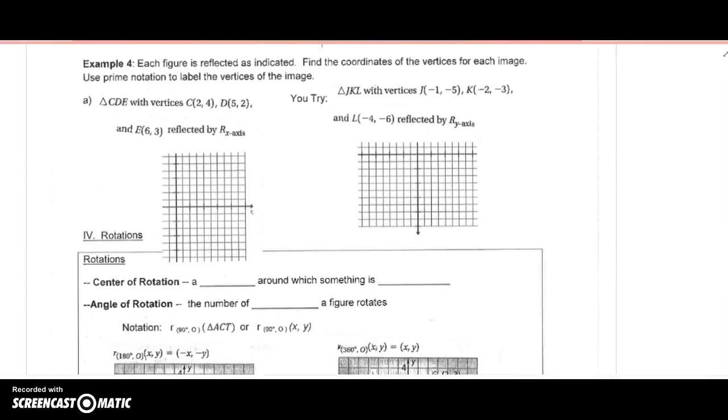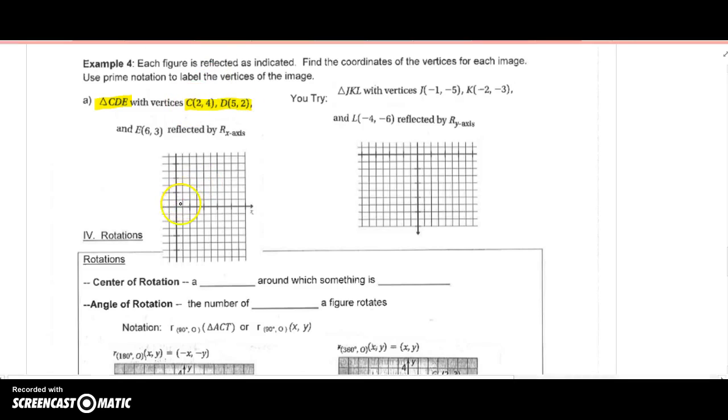Let's try it out. Each figure is reflected as indicated. Find the coordinates of the vertices for each image. Use prime notation to label the vertices of the image. So we are graphing triangle CDE, and its coordinates are 2, 4, and 5, 2.